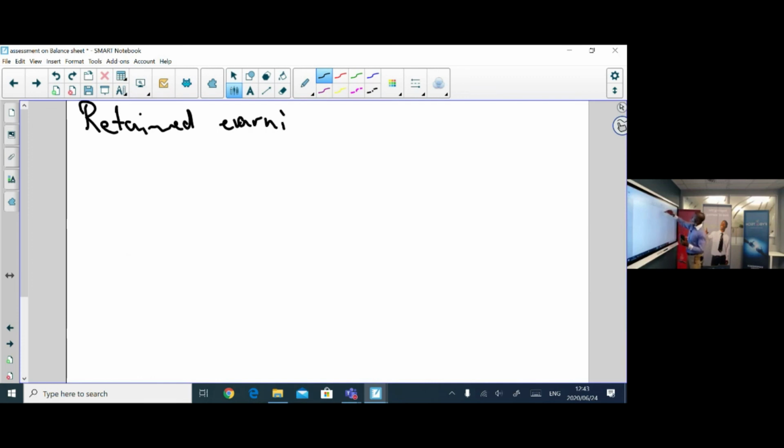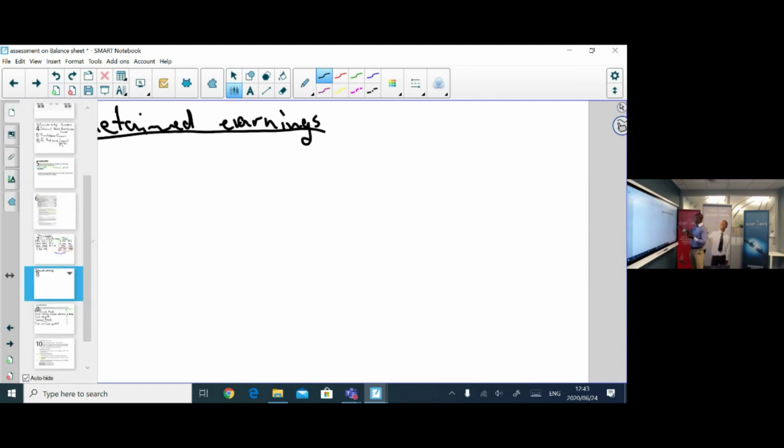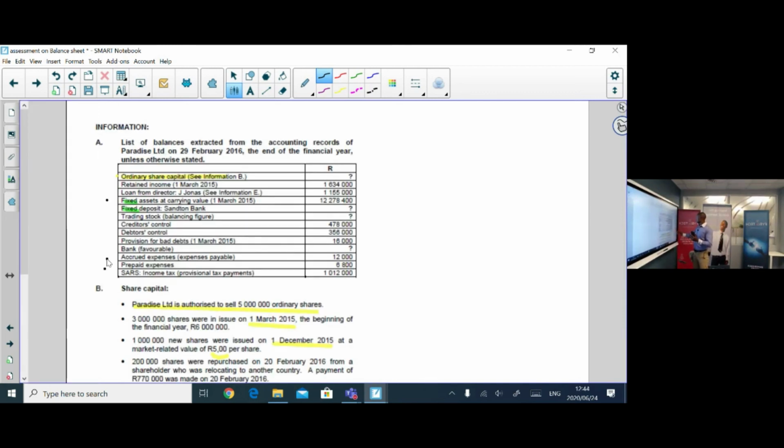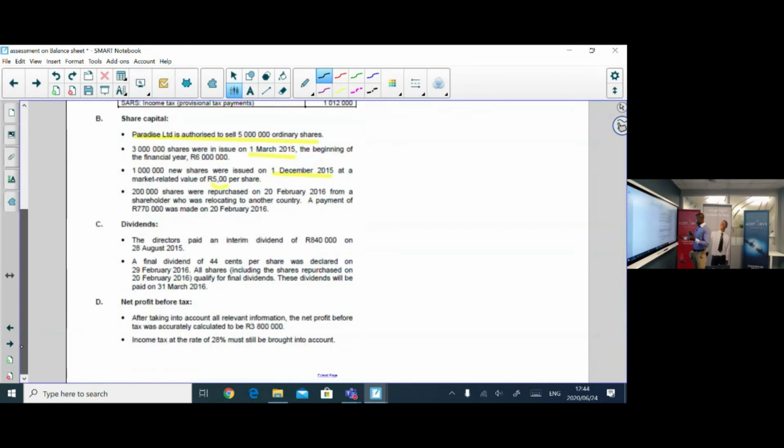After that, we're gonna put those amounts into our balance sheet. With our retained earnings, there is a balance for dividends.